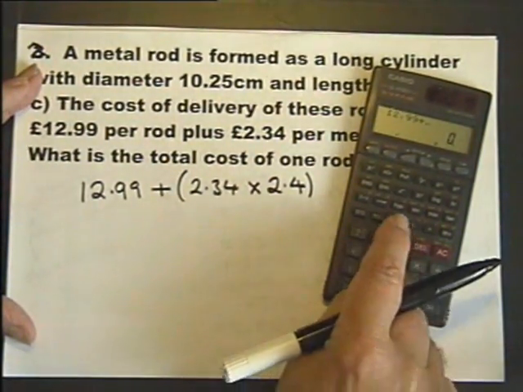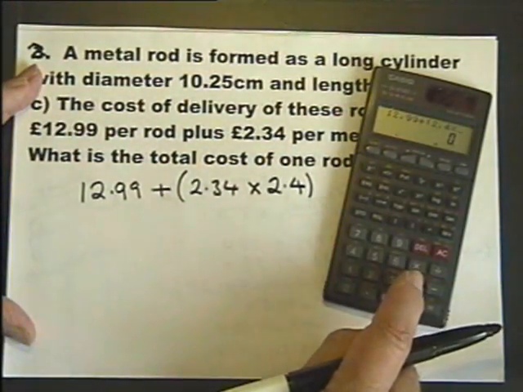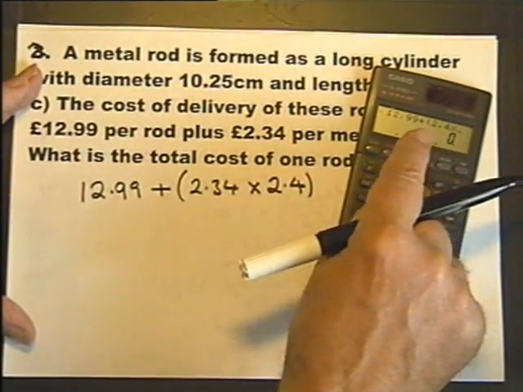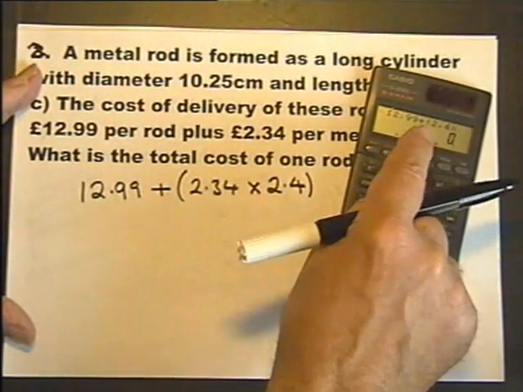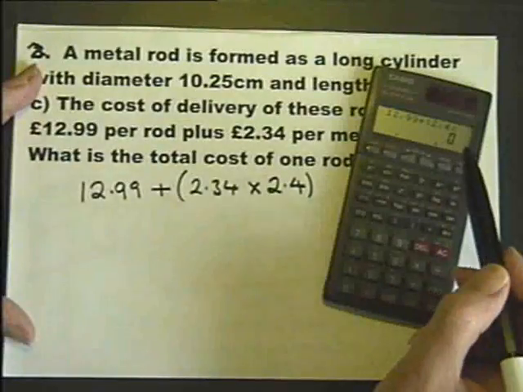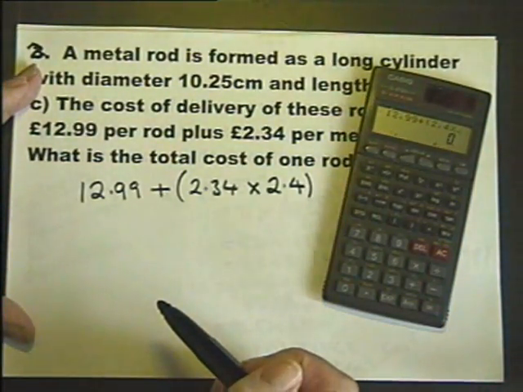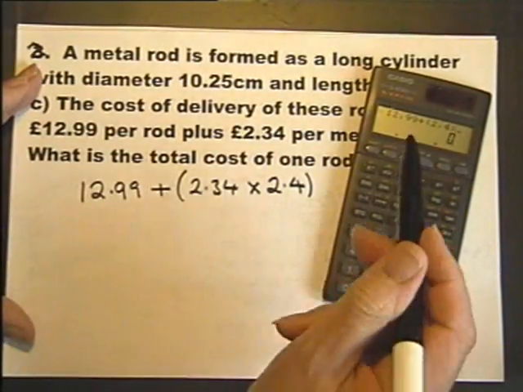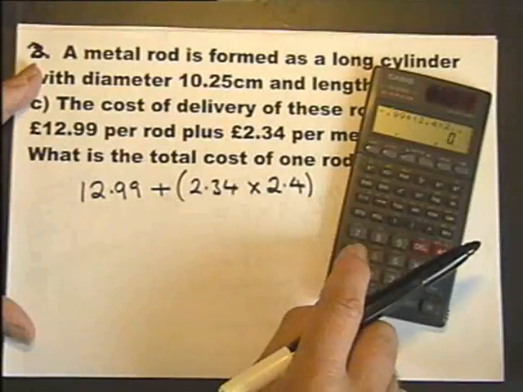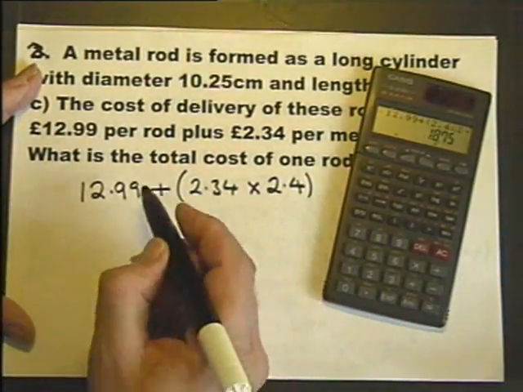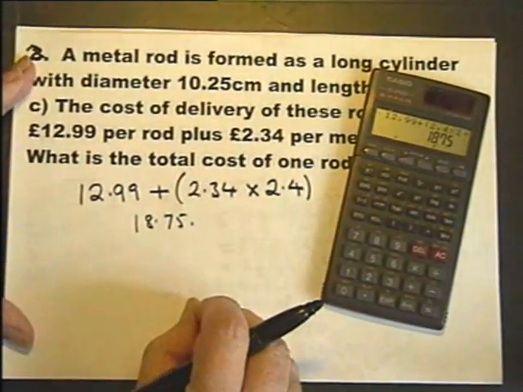12.99 plus open brackets 2.34 multi. When you're typing things in, it's a good idea to have half an eye on what you're typing in, because I've actually missed out that 3, not intentionally, but I spotted it. But let's pretend I didn't spot it. 2.4 close brackets equals. It's a lovely simple question.